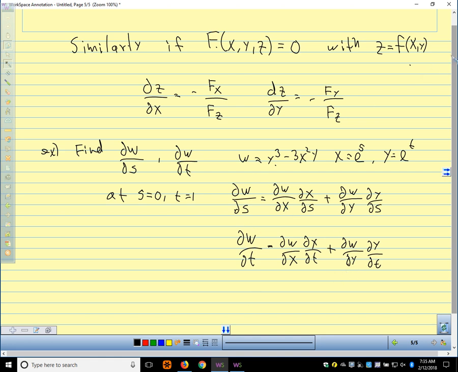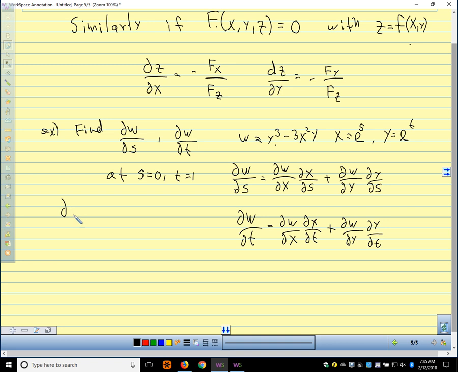All right, so let's take our derivatives. Partial of w with respect to x, we get minus 6xy. Partial of w with respect to y, we get 3y squared minus 3x squared.